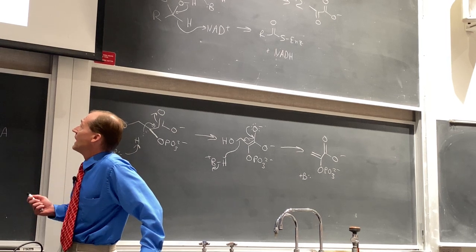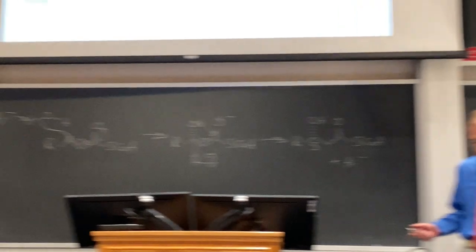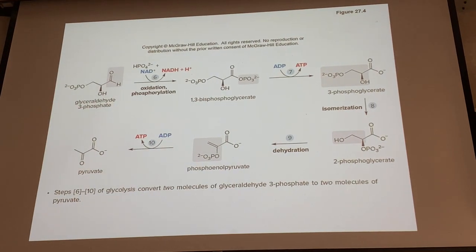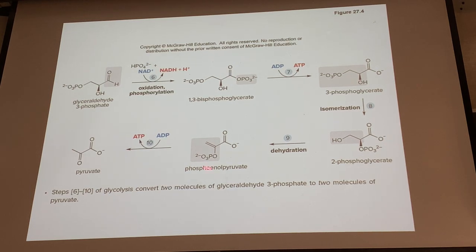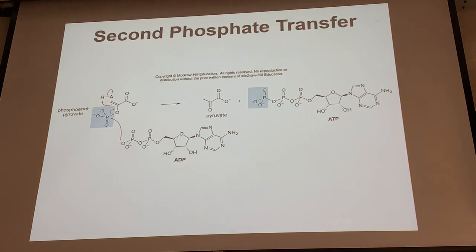Okay. And then that's going to set us up for the final step of the glycolysis pathway, and that is a second phosphate transfer from phosphoenol pyruvate to ADP. And that's going to proceed very similarly to the first phosphate transfer that I showed you, just an SN2 type of process.